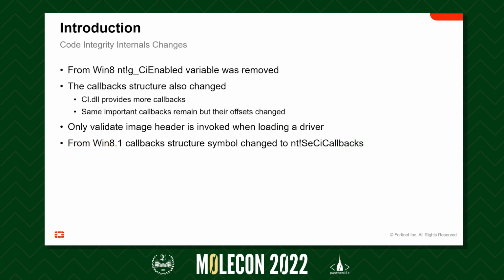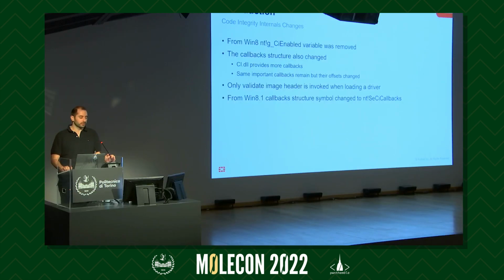Along the years, there have been a few changes with each different operating system version. Starting with Windows 8, there's only one flag that controls the state of code integrity. Also, the callback structure changed. Again, it's an internal structure. It's not exported.